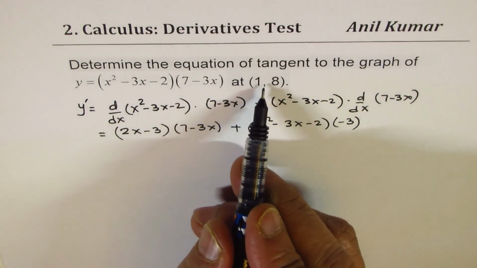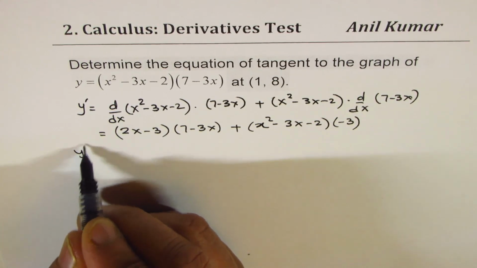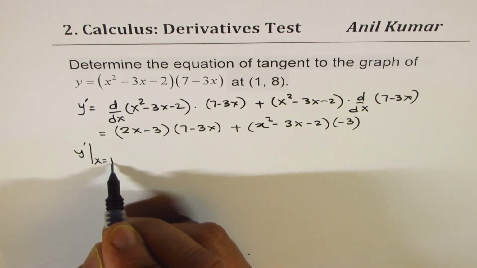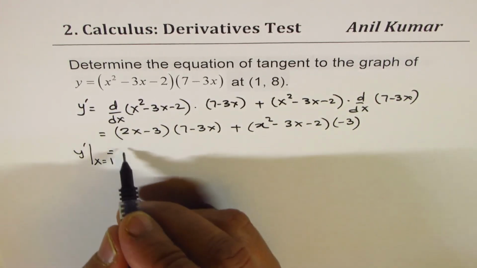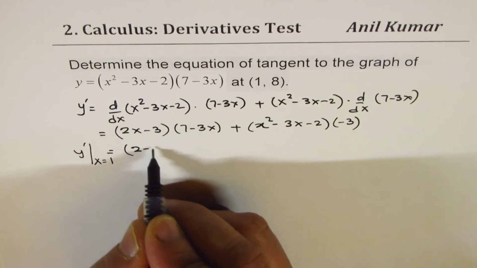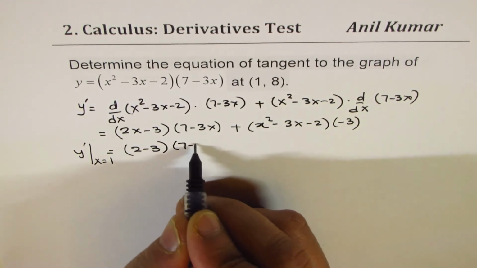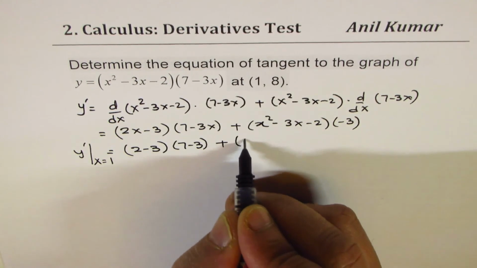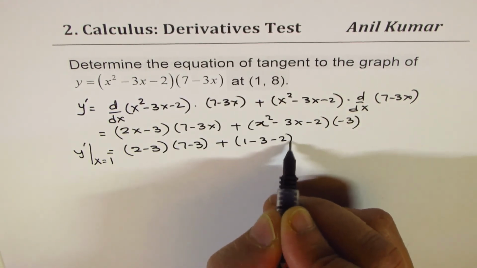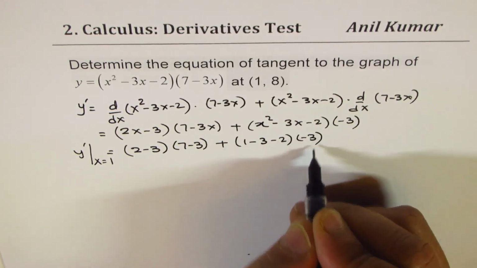Since we are given the point, let's find the derivative at x equals 1. So basically substitute 1 here. When you substitute 1, you get 2 minus 3 times 7 minus 3, plus 1 minus 3 minus 2 times minus 3, correct?